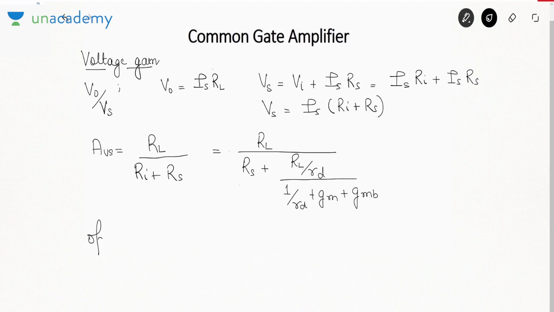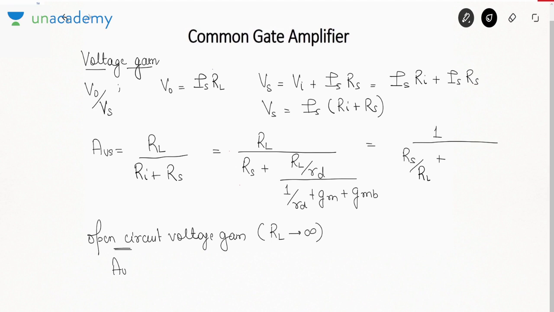Now if you want to find open circuit voltage gain, open circuit voltage gain means the output is open circuited, or RL tends to infinity. So you can divide the whole equation by RL. You can write it like this: Rs by RL plus 1 by RD over 1 by RD plus Gm plus GmB.